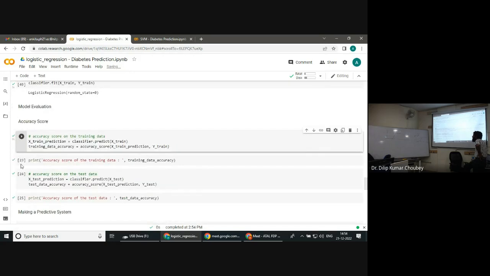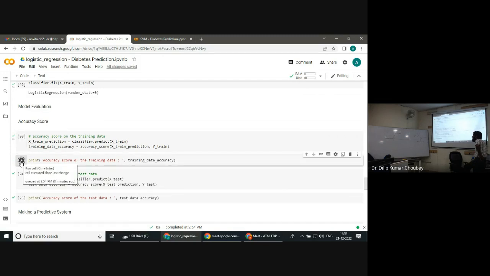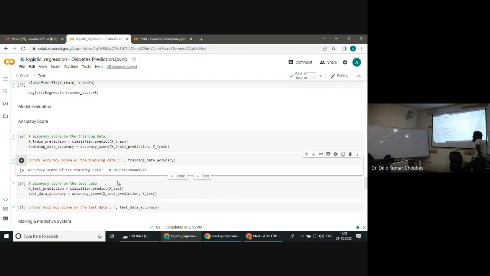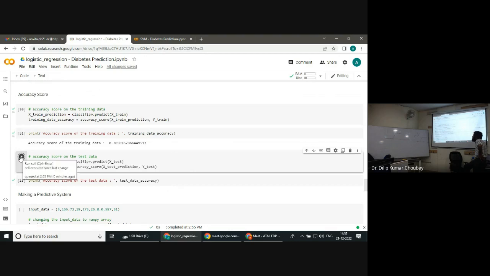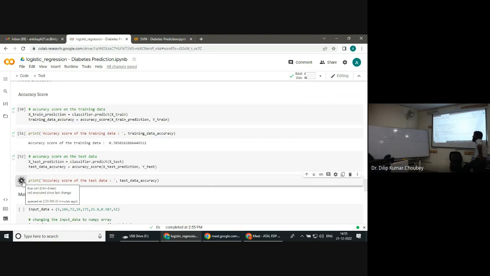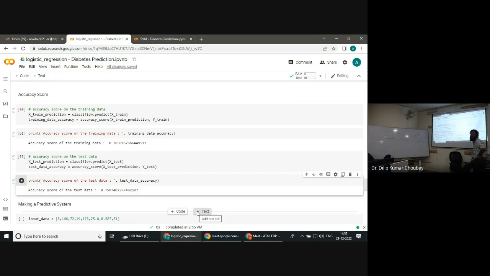If you want to see the training accuracy, it is 0.785, that is 78.5%, which is lower than what it was yesterday. It was 98% in the case of random forest. But interestingly, the accuracy on the test data will come out to be higher because this is not overfitting.